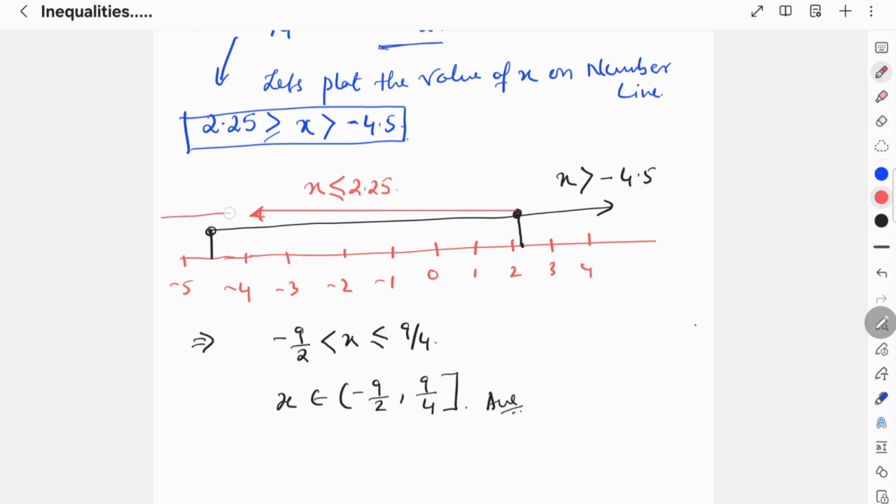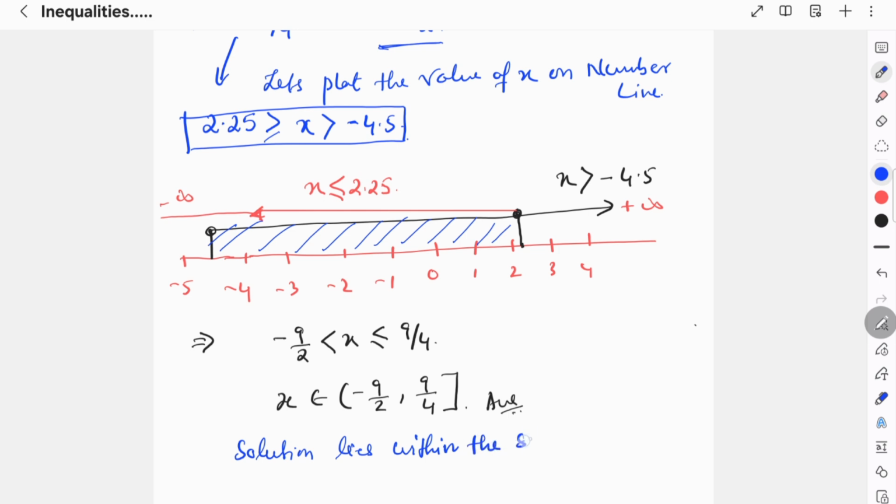So solution becomes x will be from negative 9 by 2, which is with an open bracket, so we don't consider negative 9 by 2, but all the values which are greater than negative 9 by 2, and then we have to take 9 by 4 with a closed bracket because x is less than or equal to 9 by 4.